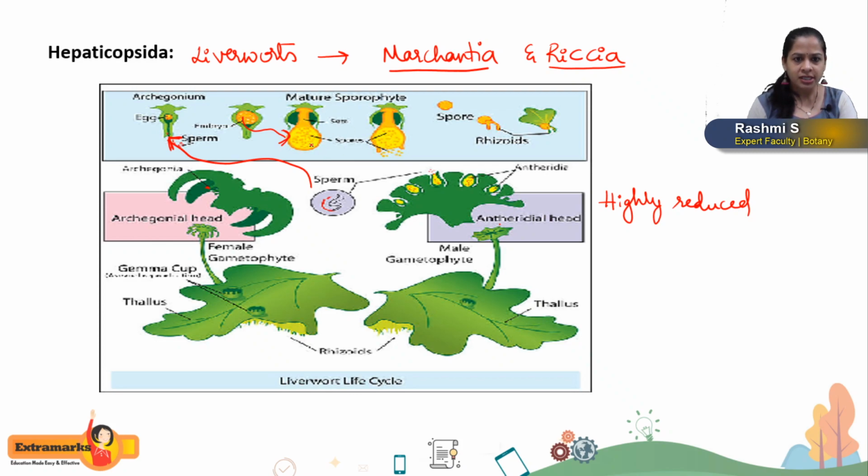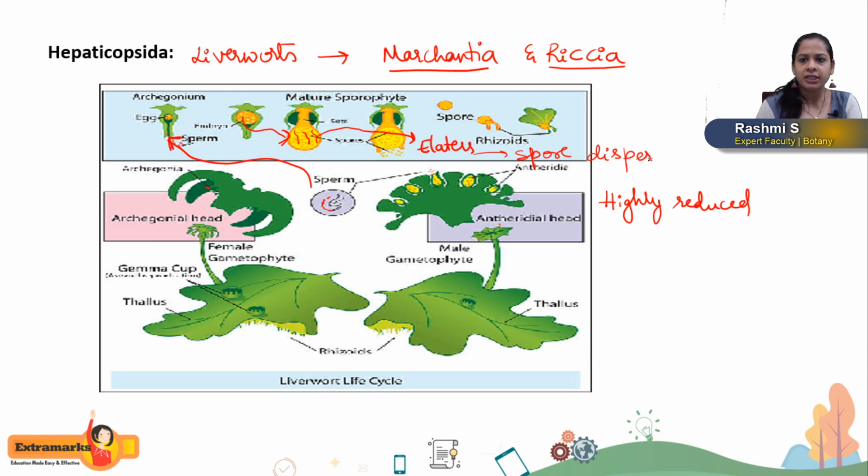These are spore mother cells which develop into spores. Along with this, they have other cells also, which are called elaters. Elaters are the cells present in the sporophyte of the liverworts, which help in the spore dispersal.